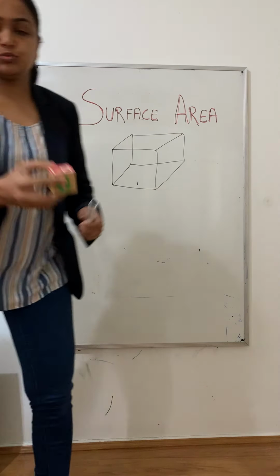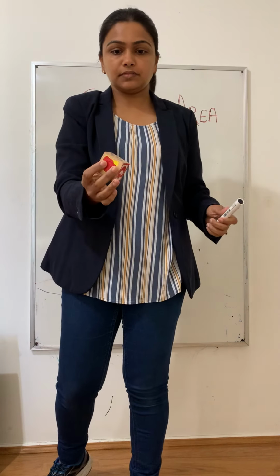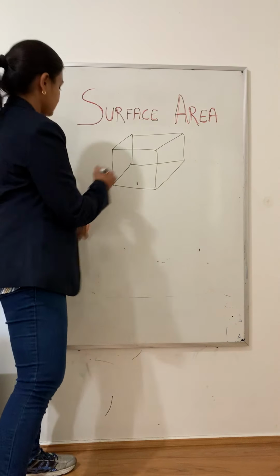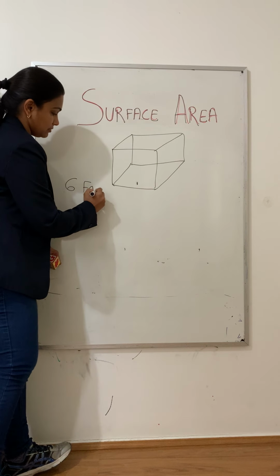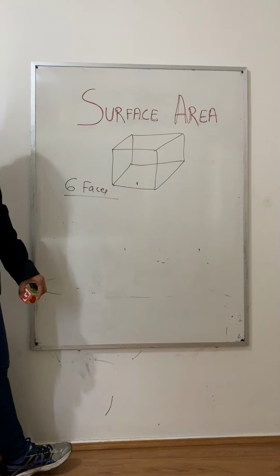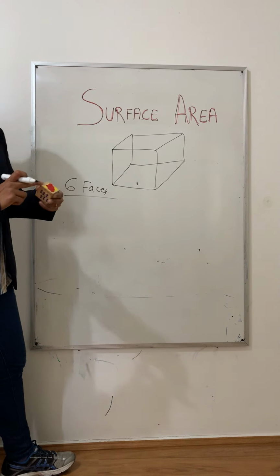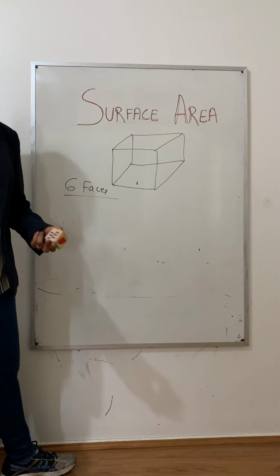Now I have a cube here. This is a cube. Okay, it has how many faces? Let's count. 1, 2 at the back, on the top 3rd, bottom 4th, side 5th and this 6th. So a cube has how many faces? 6 faces. Okay, and all the sides of the cube are equal.